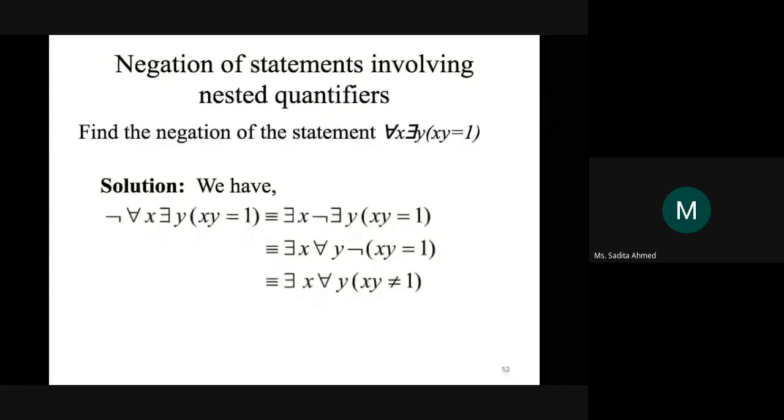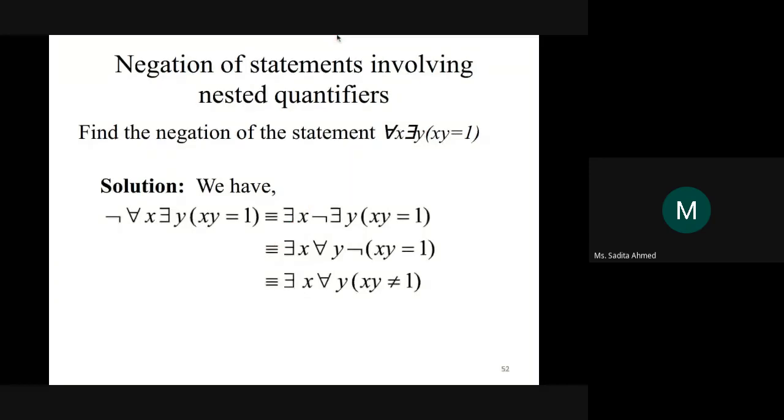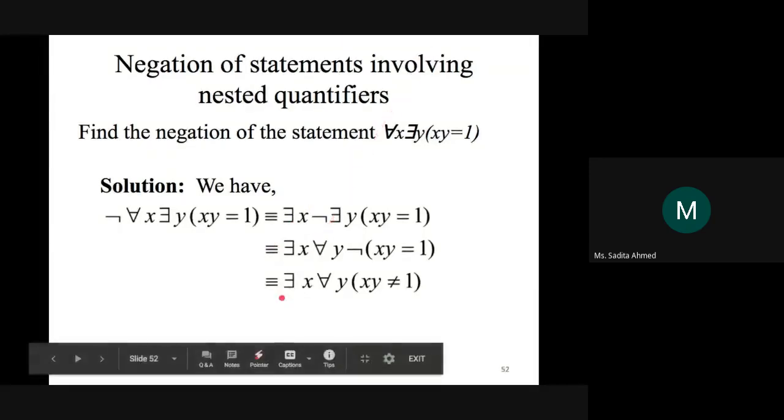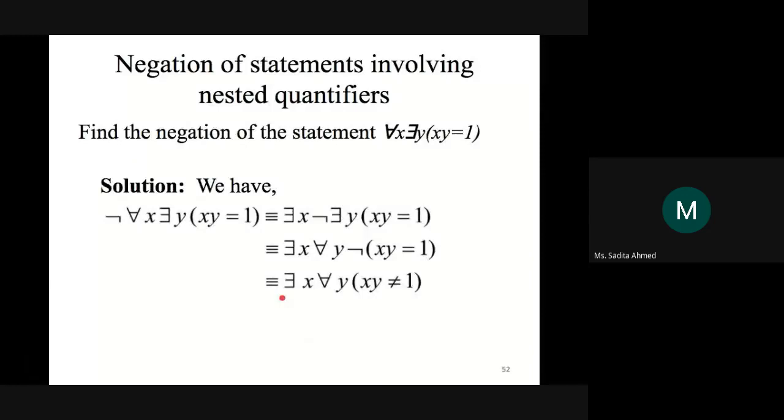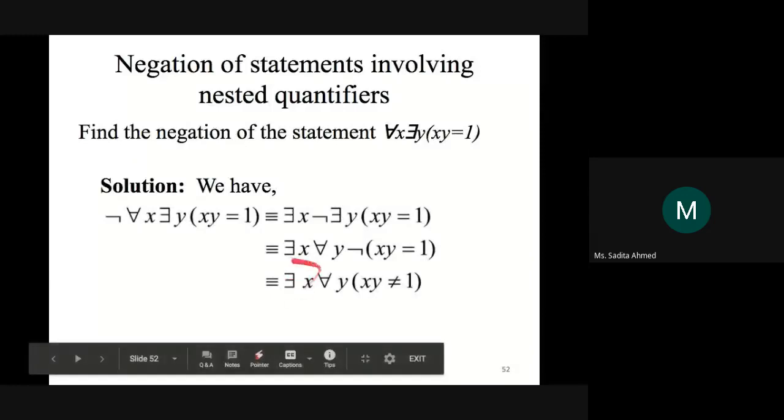Okay, so that is why I was saying that nested quantifiers are really, really tricky. For that, you have to make sure that you get as much practice as you can. So very good, Ashik. Yes, for x equal to 0, we need only at least one, right? Just that one real number for which this statement is true.